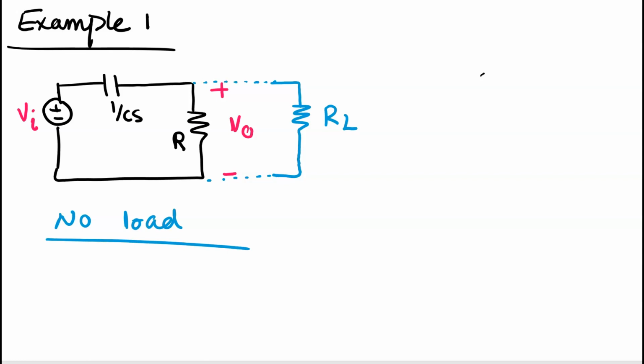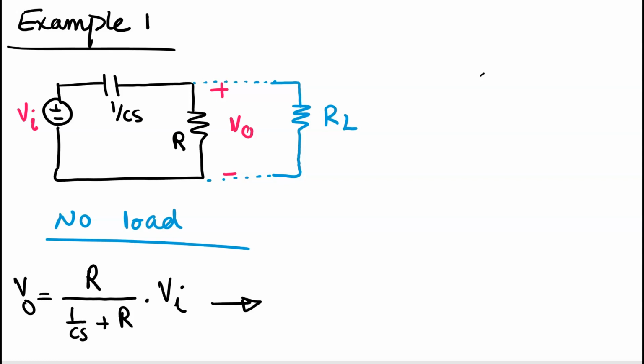For no load, we know that this circuit, which is an RC circuit, has a transfer function which can be described by a voltage divider, so it's easy to write the voltage divider. R over 1 over CS plus R, multiplied by VI, is going to be our output voltage.